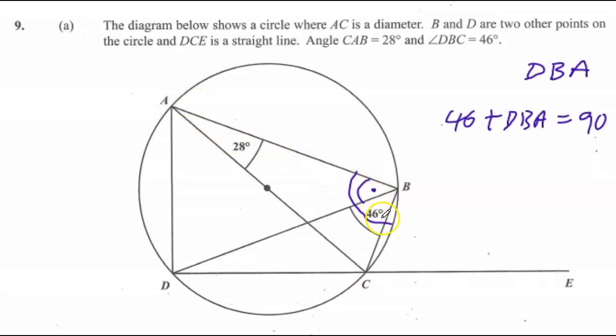So the summation here should be 90 degrees. Subtract 46 from both sides. That means angle DBA is equal to 90 minus 46, which is 42. So this angle should be 42 degrees.